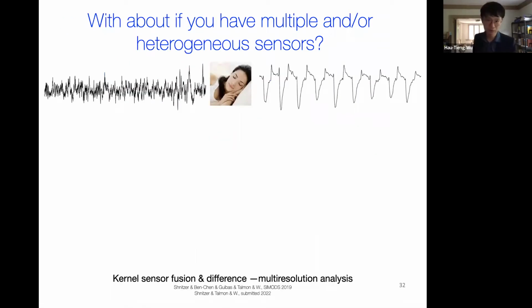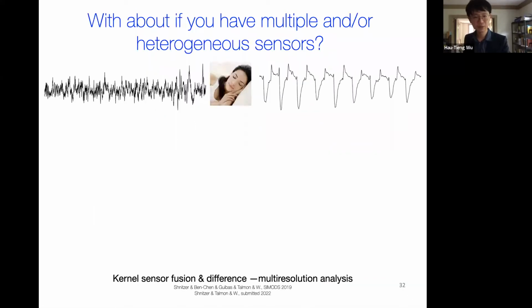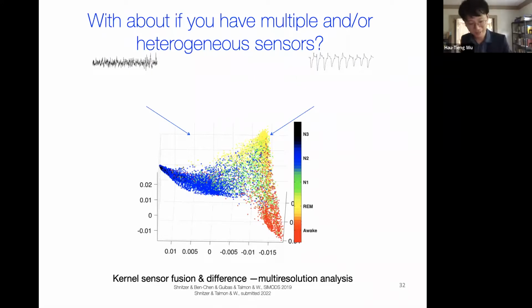And if you have multiple sensors and even heterogeneous ones, for example EEG or respiratory signal, you name it, then there are some kernel sensor fusion techniques that can help you identify the similar, common information, and the most important thing, different information among different channels, so that you can carry out multi-resolution analysis.